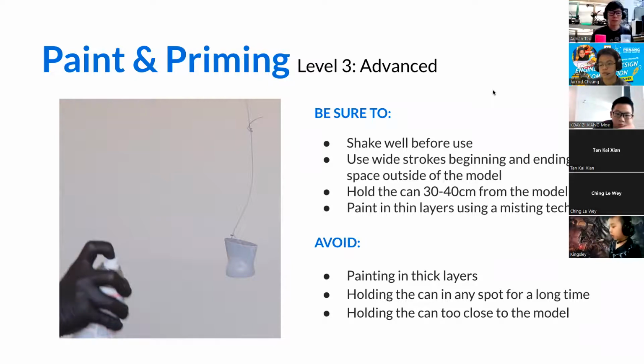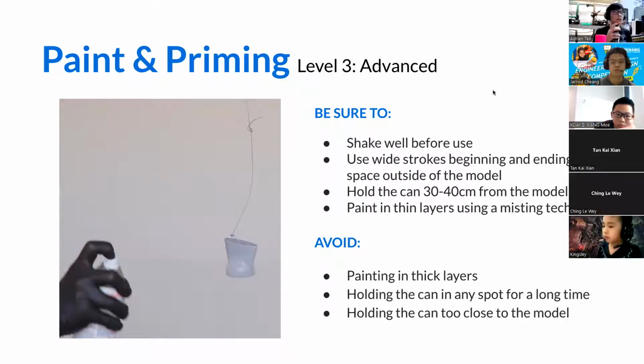Make sure that before you prime or paint, you shake your bottle well. Every time you press the nozzle, shake it and then use wide strokes. You spray it this way, this way, this way.